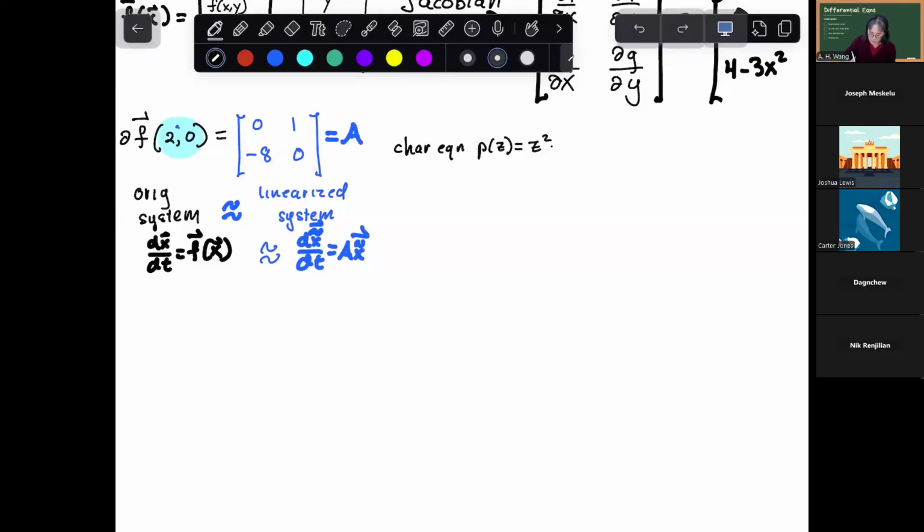Minus 8 or plus 8? Plus 8, yeah, because you're going to subtract that, right? Does everybody see that's the characteristic equation? So the characteristic equation is this.